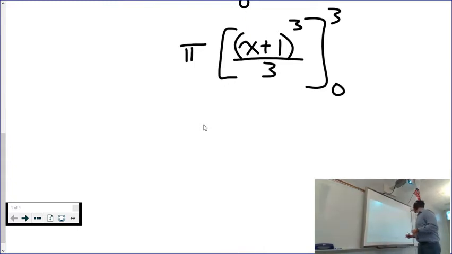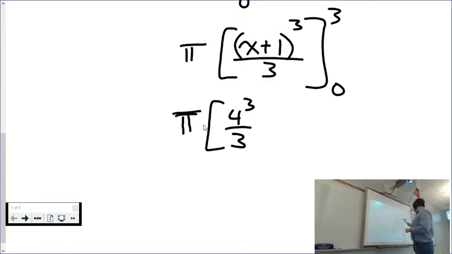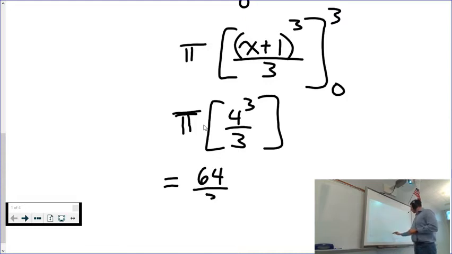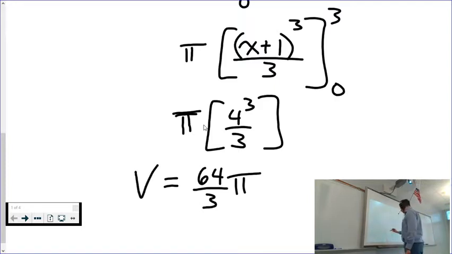So now we just need to plug in our bounds. I've got 4 cubed over 3. It's nice when you have 0, because that goes away, so it's just left with this. 4 cubed is 64, and we get our answer of 64 pi over 3.